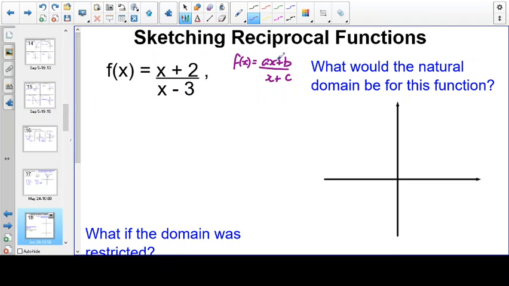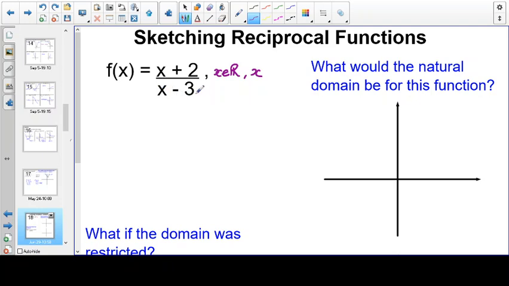All right, it says in blue, what would be the natural domain for this function? So if there was no particular unnatural restrictions, what would the natural domain be? Well, the natural domain would be anything except, in this case, where x is 3.